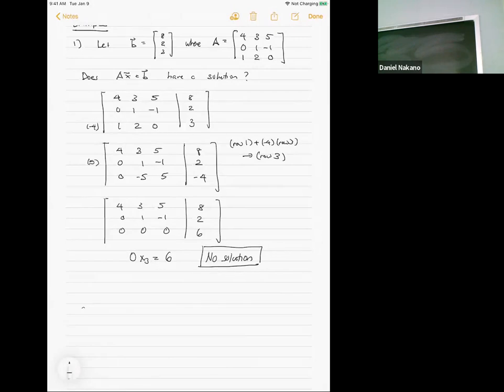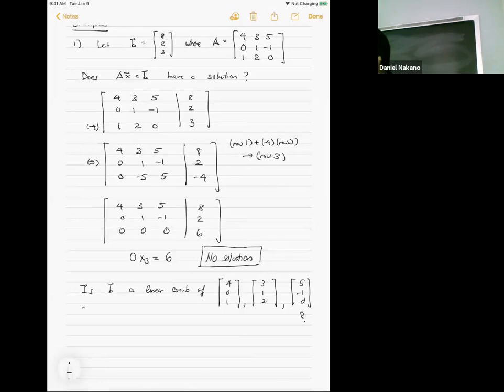Okay, so the next question: is b here a linear combination of 4, 0, 1, comma, 3, 1, 2, comma, 5, minus 1, 0?